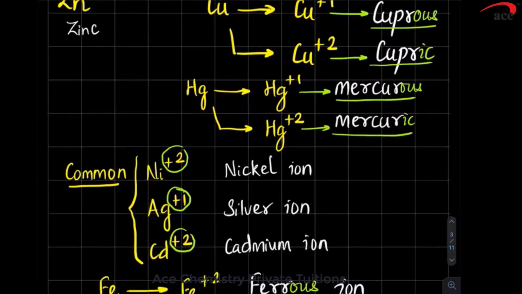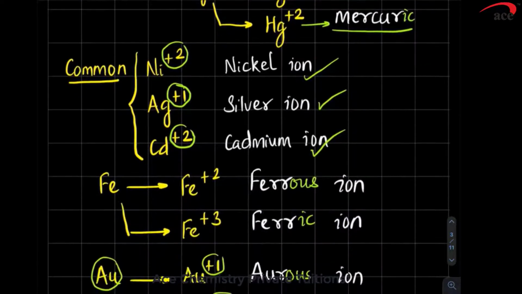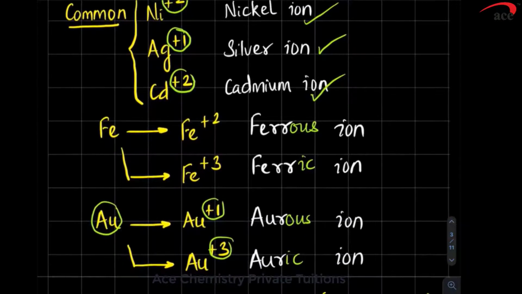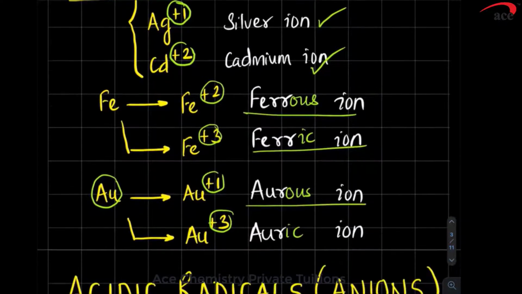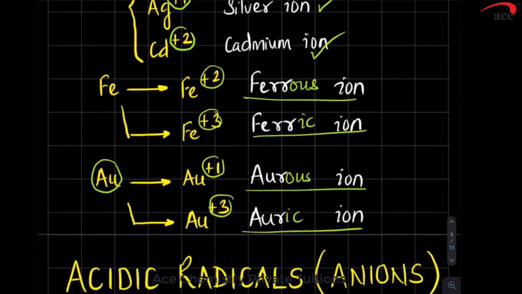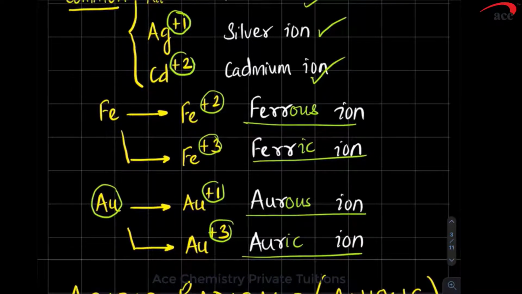Common valency of nickel and cadmium is +2, silver common valency +1. Iron has variable valency of +2 and +3, +2 called ferrous, +3 called ferric. Gold +1 is called aurous, +3 is called auric. That was about basic radicals.